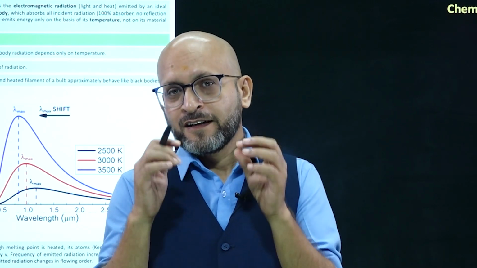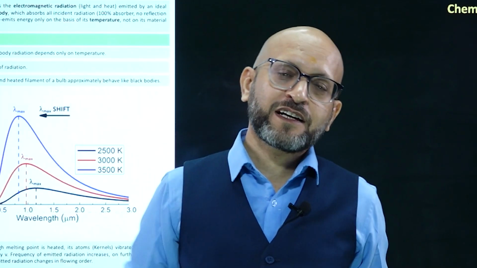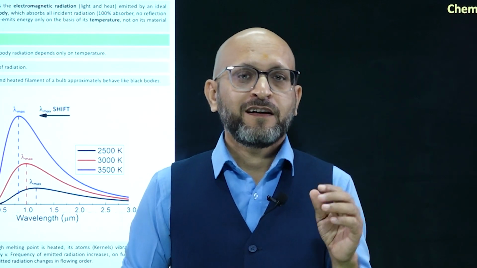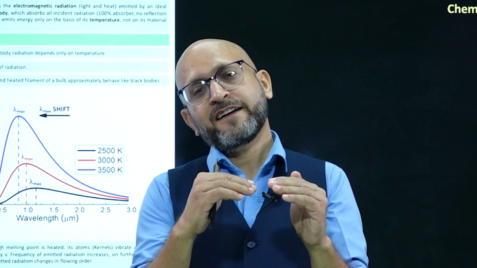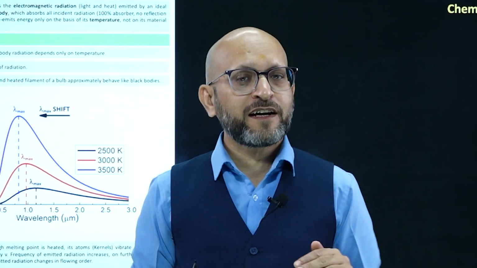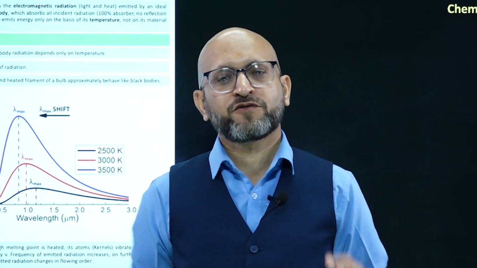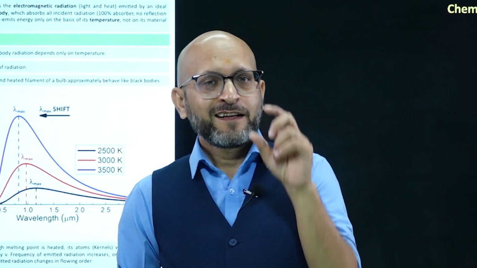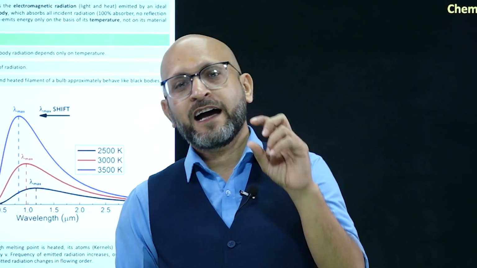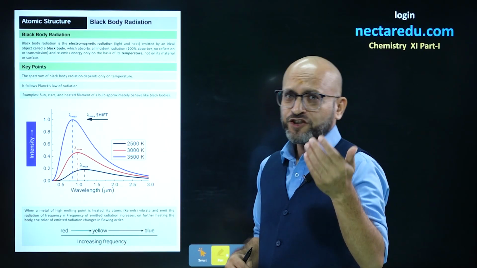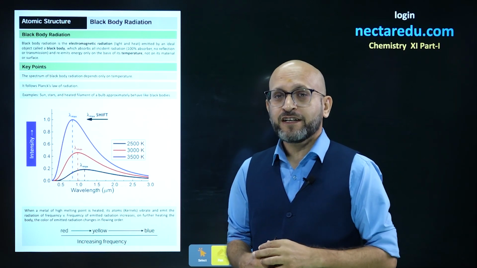That means the emission of radiation depends on the temperature of the black body. If the temperature is less, then radiation of lower energy is emitted. If the temperature is high, then higher energy radiation is emitted. So the radiation emitted depends on the temperature of the heated body.